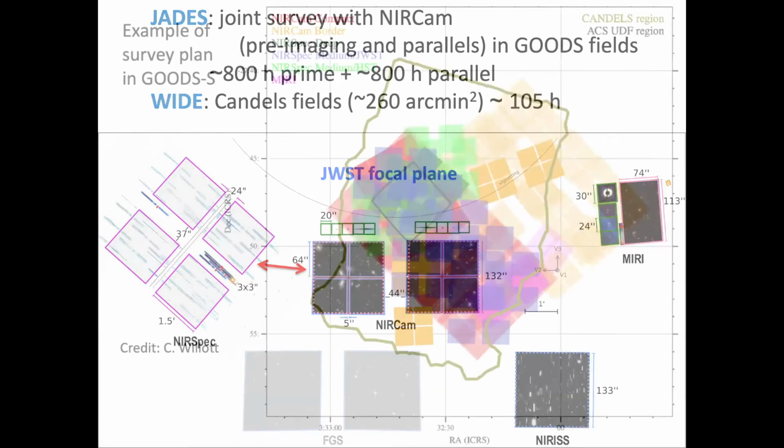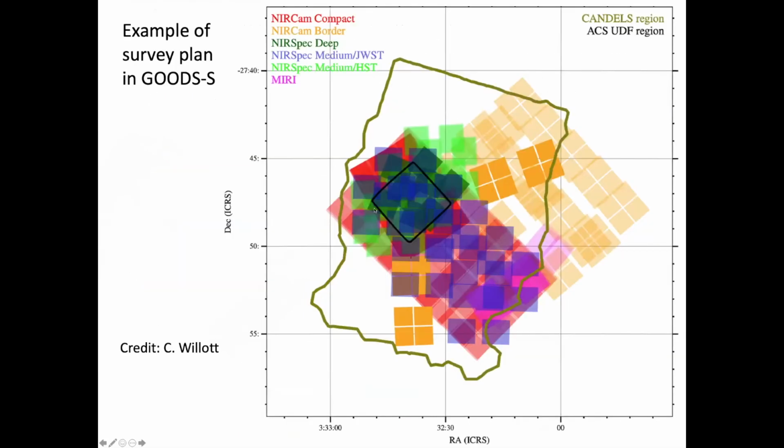This is an example of planning of one of the observations of the survey in one of the fields, particularly in GOODS-South. The red tiles show the distribution of the NIRCam fields, and the same for the yellow tiles, while the blue and green tiles show the distribution of the NIRSpec pointings.